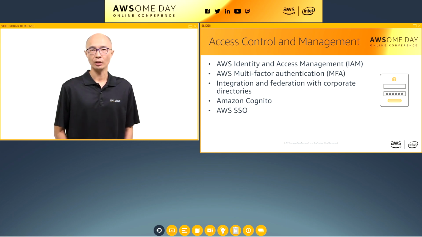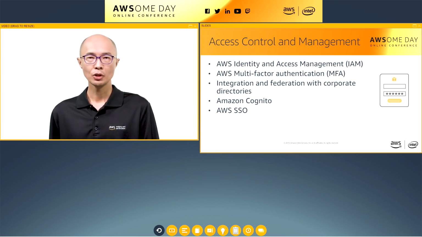Multi-factor authentication, MFA, adds extra security because it requires users to type a unique authentication code from an approved authentication device. With Federation, you can use single sign-on, SSO, to access your AWS accounts using credentials from your corporate directory.